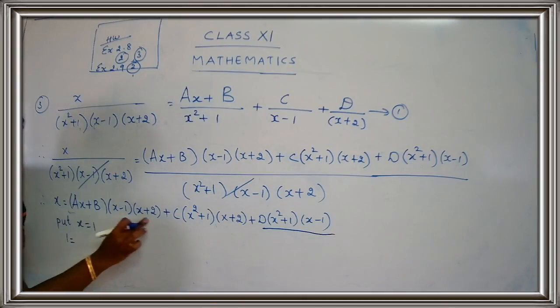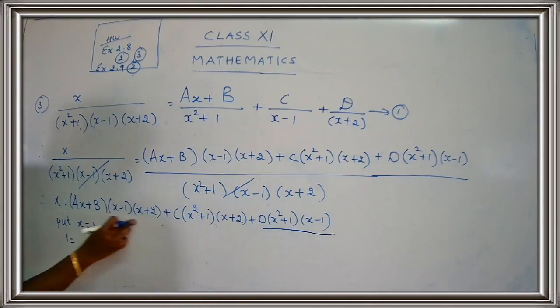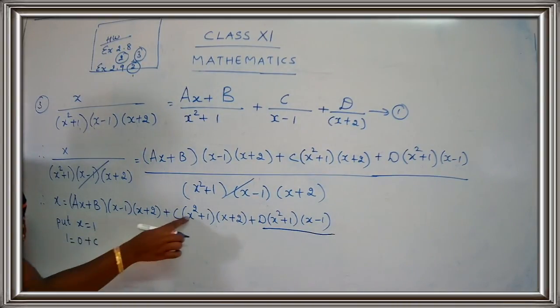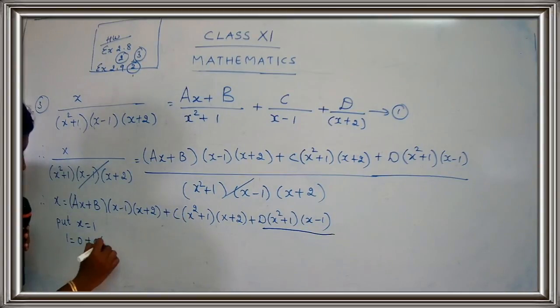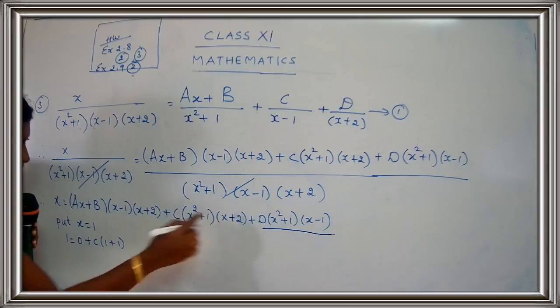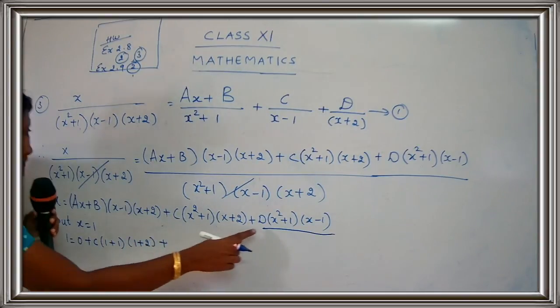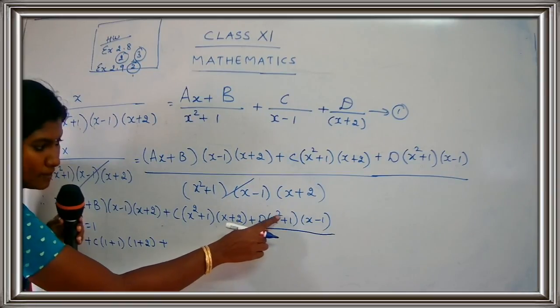So this term will become 0, so I am not going to write down this term. Here, plus c, 1 square plus 1, 1 plus 2, plus d. This is 1 square plus 1.